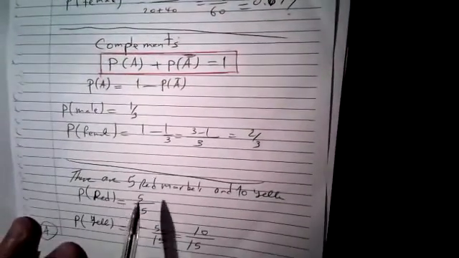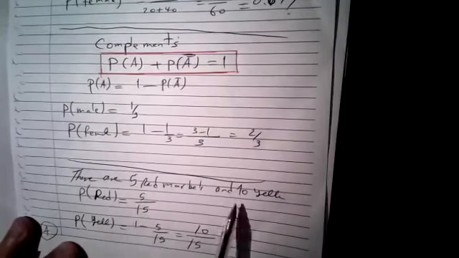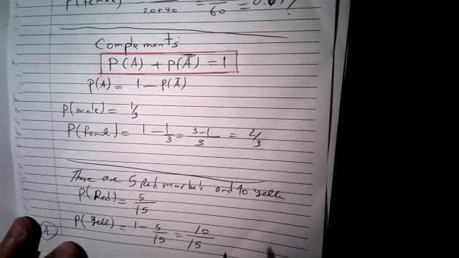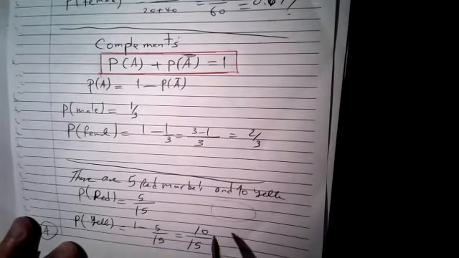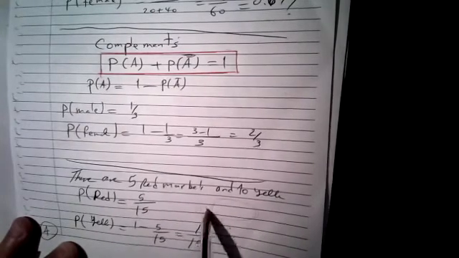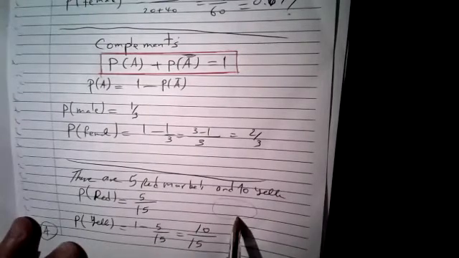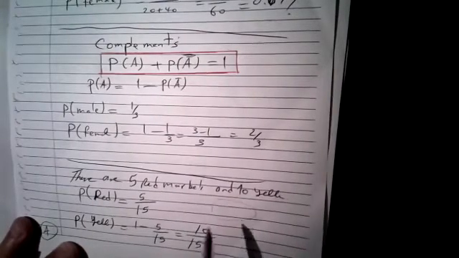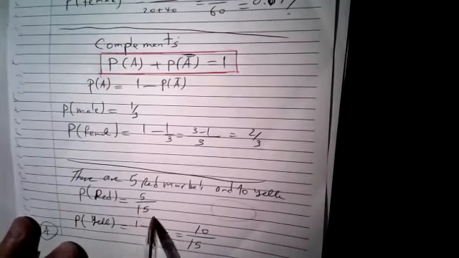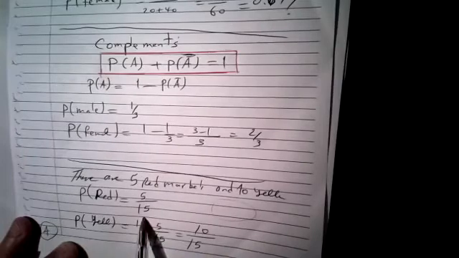Like here, there are 5 red marbles and 10 yellow marbles in one basket. If I randomly select one marble out of this basket, what's the probability that the marble is red? There are 15 marbles in that basket, 10 yellow and 5 red is 15.